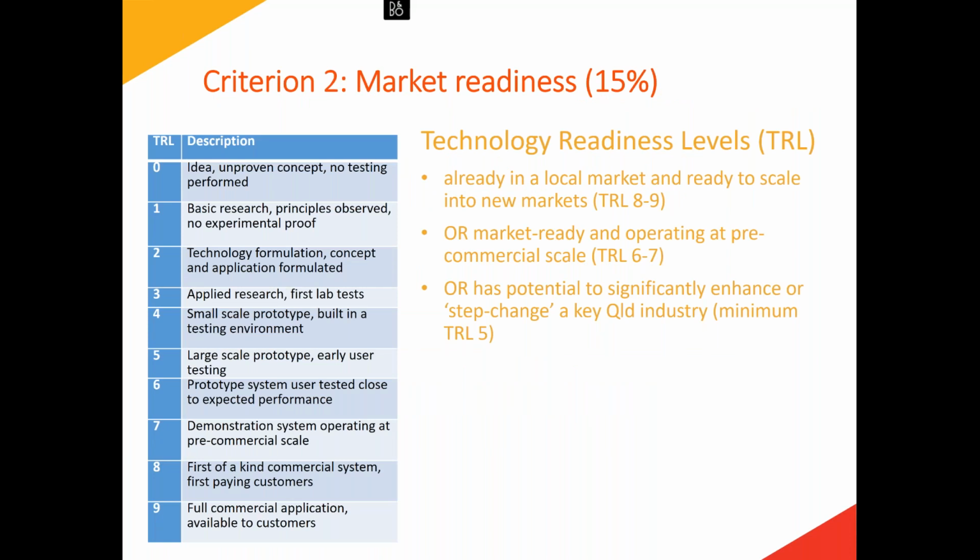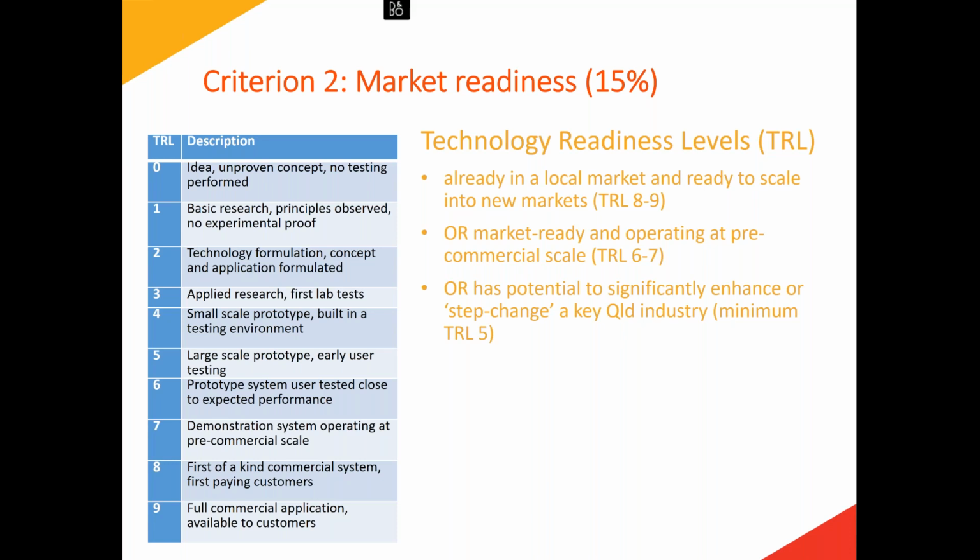The criteria too, now this is new. So this is around technology readiness levels that Paul mentioned earlier on. This is something that you have to assess yourself on. And again, there's more information in the application forms and up online.